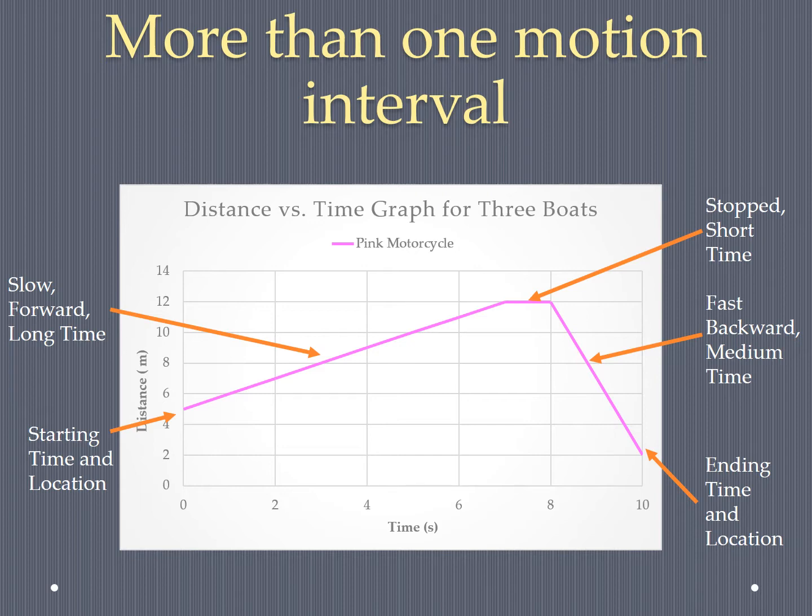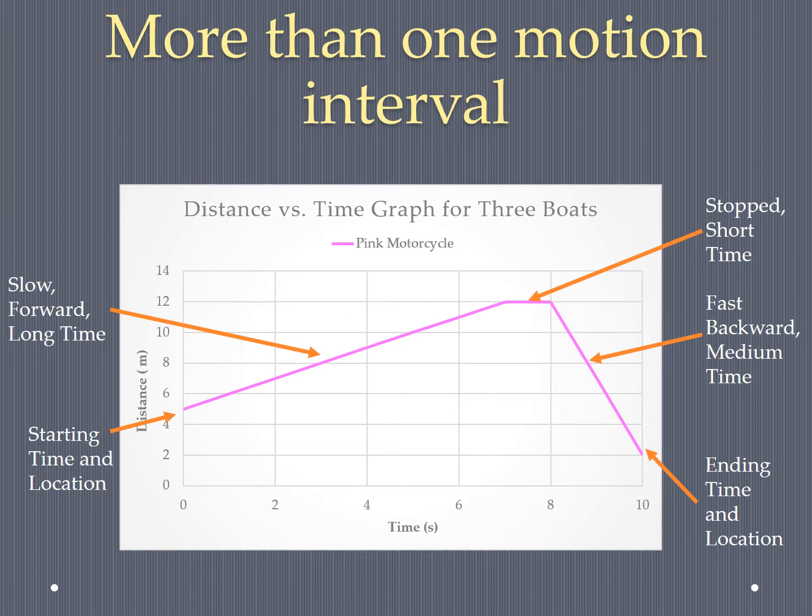So this is our starting time and location: time being 0, starting location being 5 meters away from some designated 0 point. Over the next 7 seconds, as time goes on, that motorcycle is moving in the positive direction, getting farther and farther away from where it started. So at time 7, you can see that the motorcycle is now at a position of 12 meters.